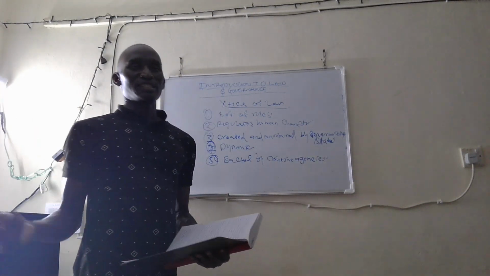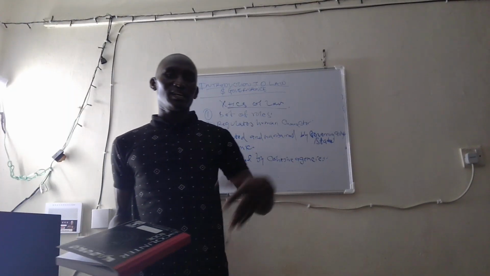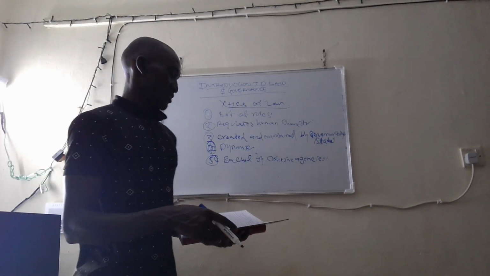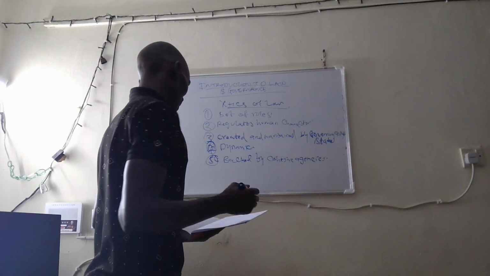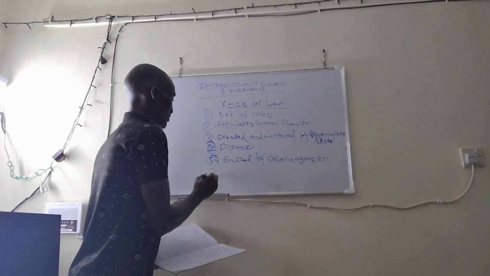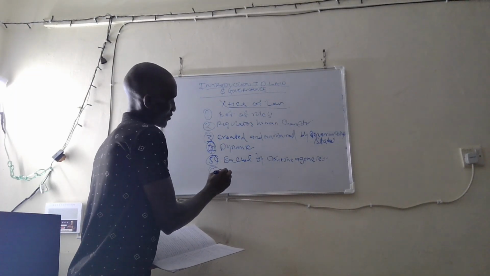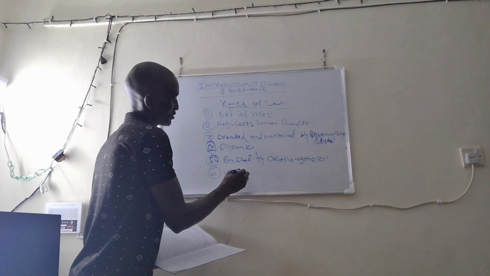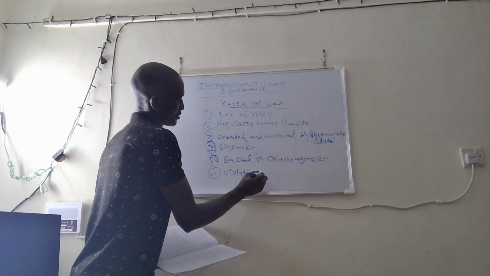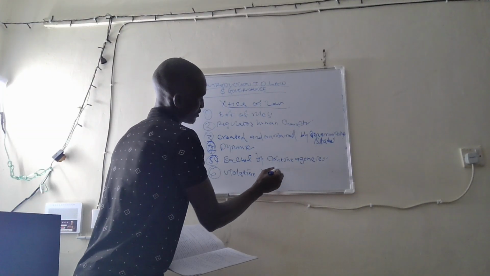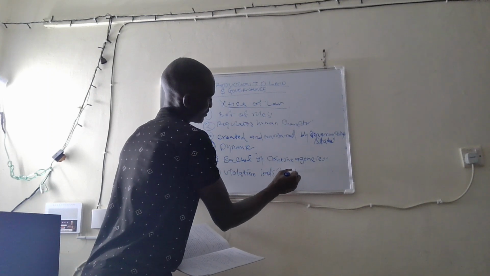Law enforcing agencies like the police, the EACC, among others. And then number six, its violation leads to punishment.